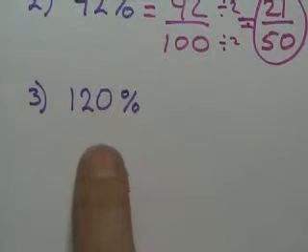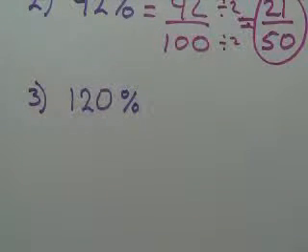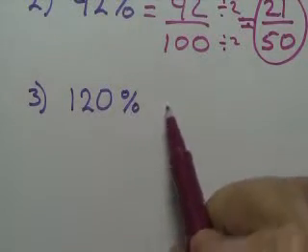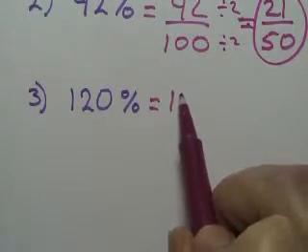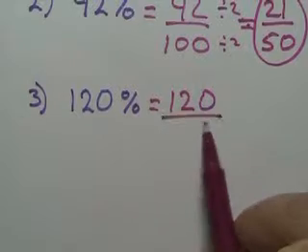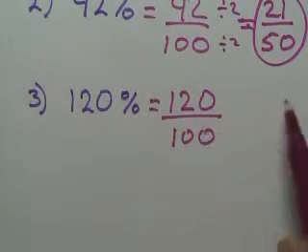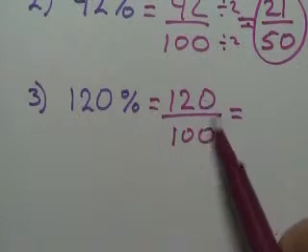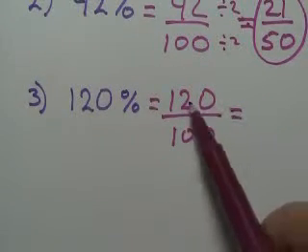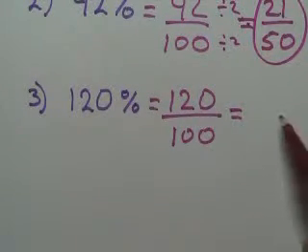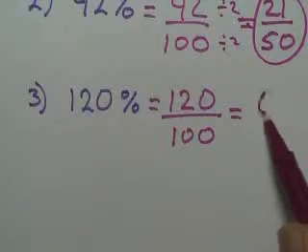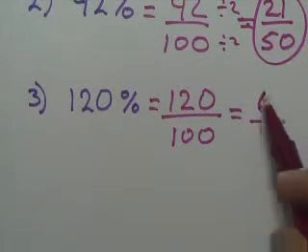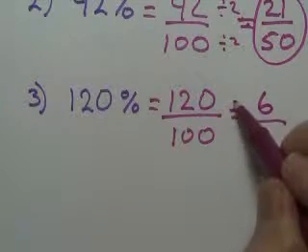Next, we'll take 120%. Change that to a fraction. Well, percent means out of. So I have 120 out of 100. And that can be reduced. I know that 20 will go into both of these. 20 goes into 120 6 times, right? That's if I divide by 20.